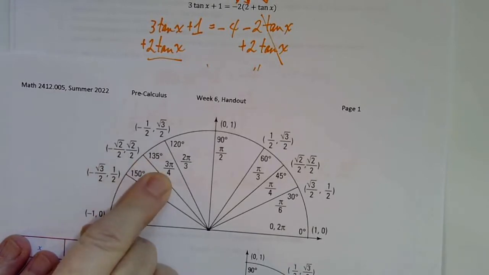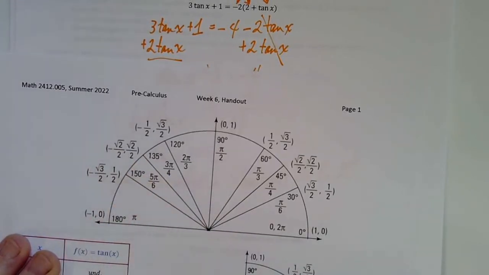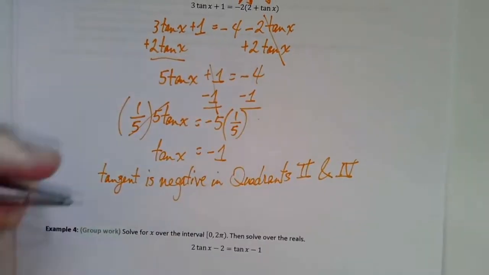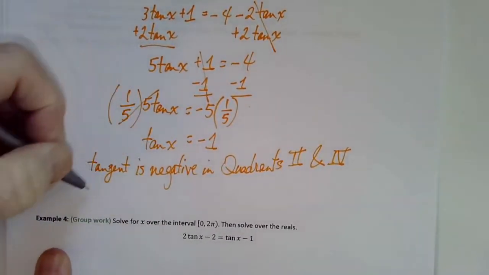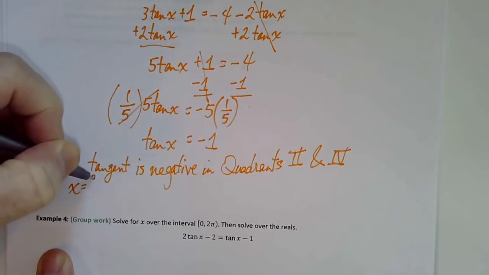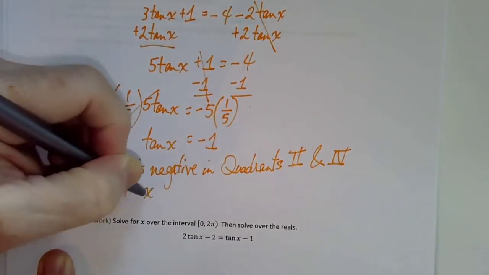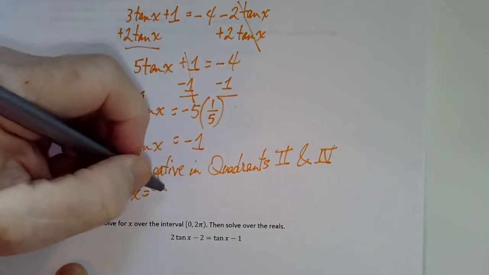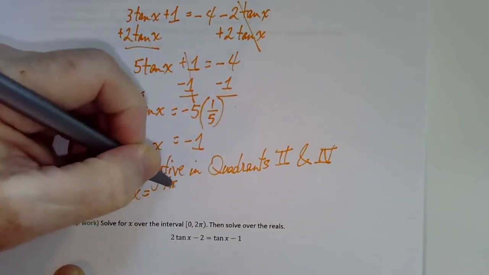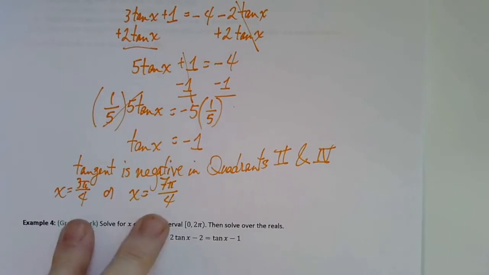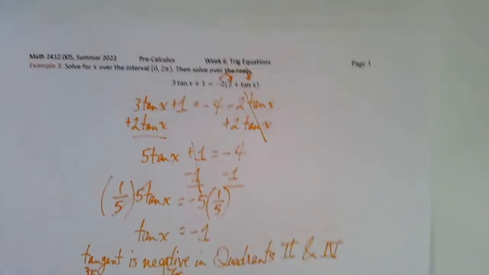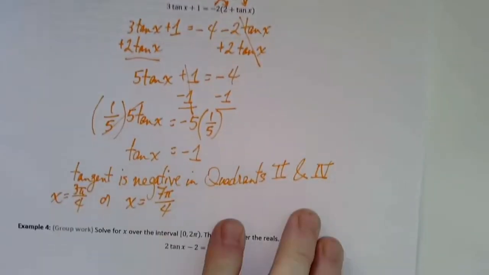So 3 pi over 4 is the quadrant 2 value, and 7 pi over 4 is the quadrant 4 value. These are the solutions over the interval 0 to 2 pi.